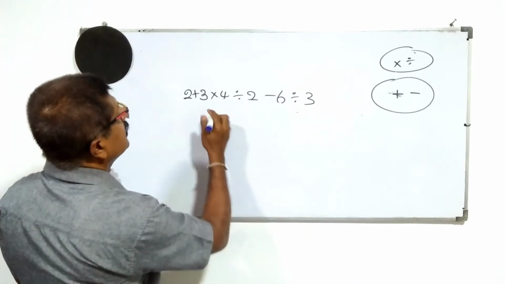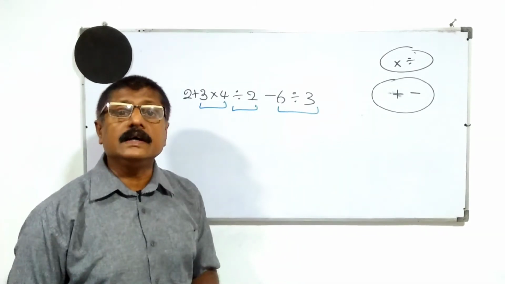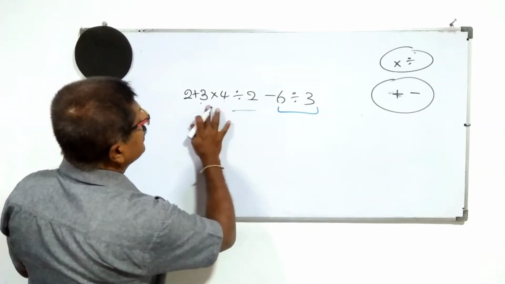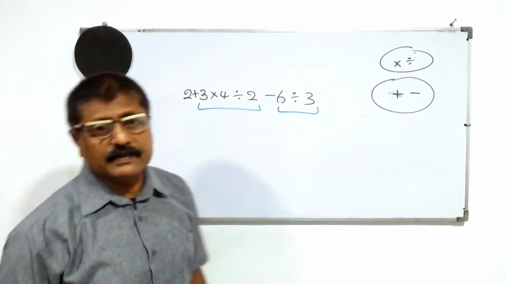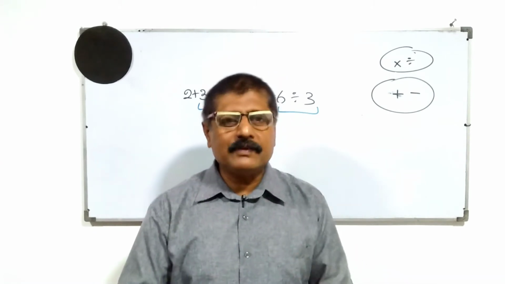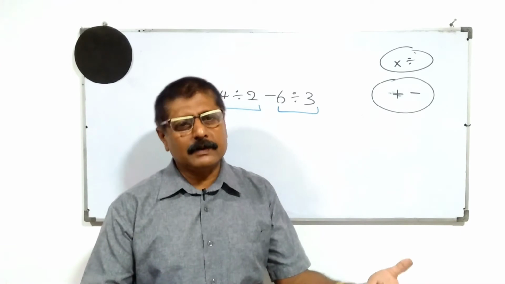Here you are. This one, again this one, they belong to the multiplication division family. But in here, in the same line, without a break, multiplication and division, two members of the same family. Then what can you do? They both have the same value. Therefore, do it from left to right. Members of the same family.